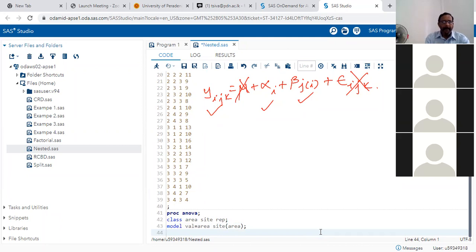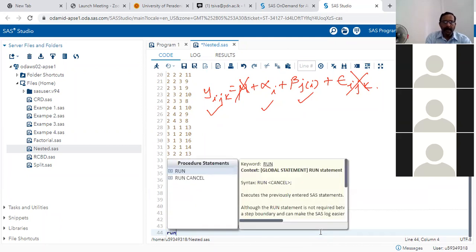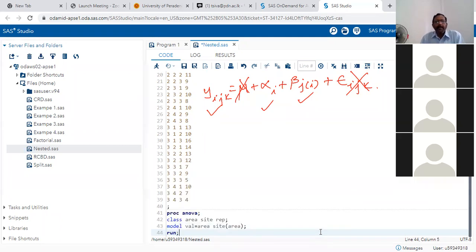Everyone clear? Have you all written down the program? Everybody should know the meaning of site within the area. Site is nested within the area, so that is why we are writing site within area.